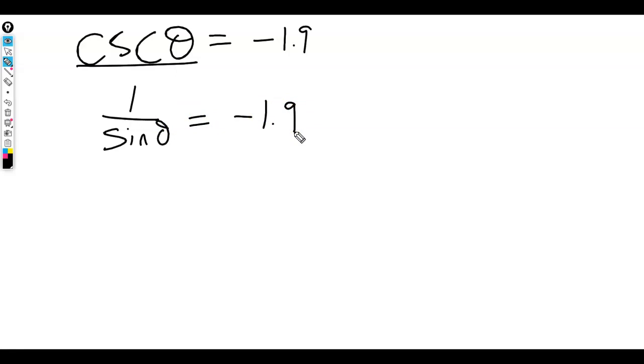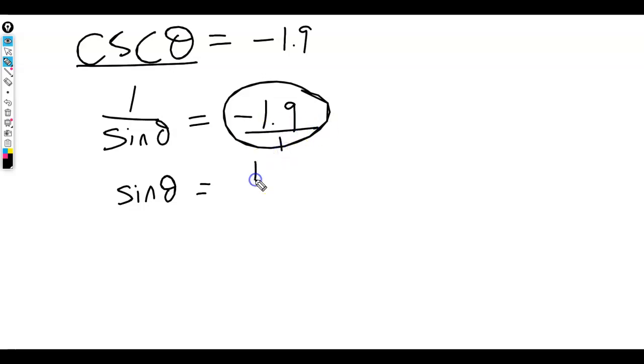And then what are we going to do? Well, we're going to do the reciprocal on both sides. So if I flip over my 1 over sine, I get sine theta. And if I flip this guy over, we'll think of that as over 1, right? 1 over negative 1.9.